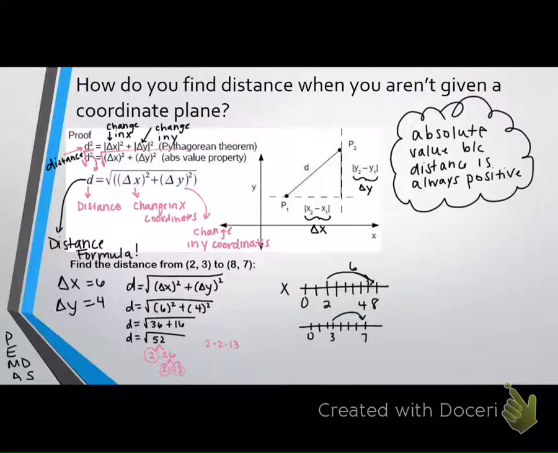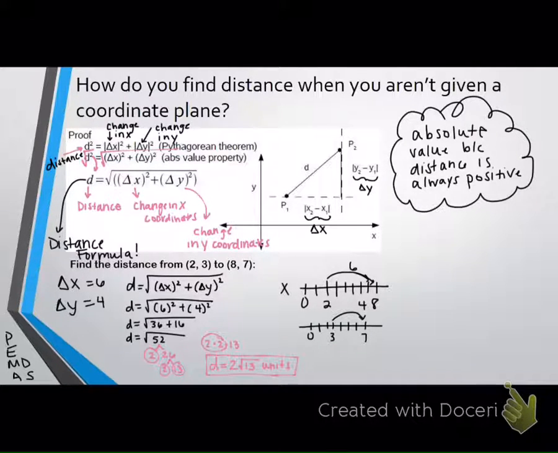Can that be simplified? Cameron, what could that be simplified to? The radical. Yeah. 2 square root of 13. So our distance is 2 square root of 13, and I'm just going to put units. We don't have an actual measurement here.